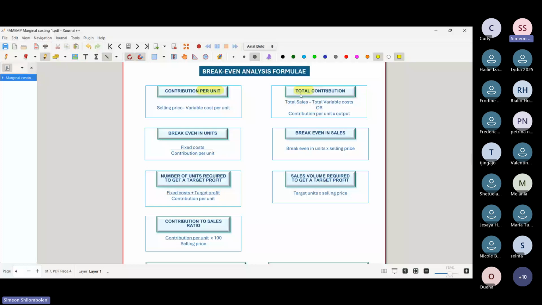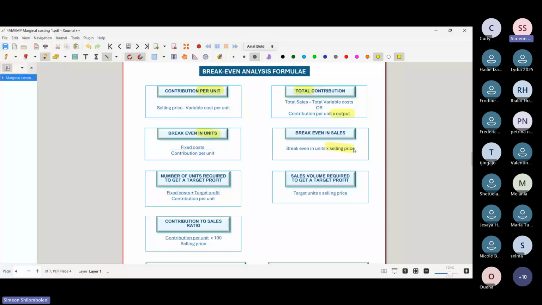You just multiply with output. And break even, this is in units. If you can get the break even in units, then you must be able to also get it in dollars. This word break even in sales, it can also be break even in dollars, because you just multiply with the selling price. When we start doing it practically, you will understand.